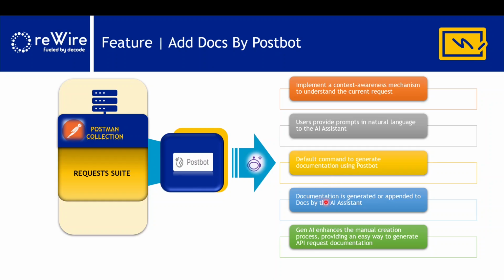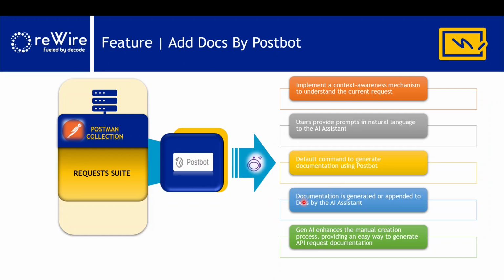And documentation is generated or appended to the docs by the AI assistant. Yeah, there is some glitch over here, but it is clearly creating the docs based on our prompts. But for updating, it is not giving accurate results, but it is adding to the existing documentation.